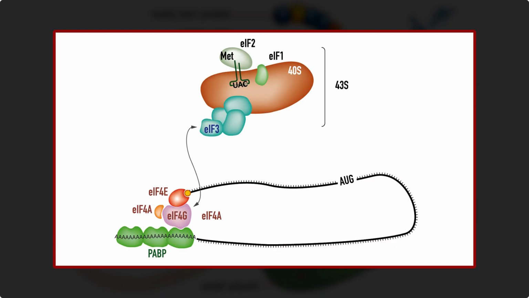The pre-initiation complex binds to the 5' end of the eukaryotic mRNA, a step that requires initiation factor 4F, also called the cap binding complex, and initiation factor 3. The 4F complex consists of eIF4A, eIF4E, and eIF4G. eIF4E binds to the 5' cap on the mRNA, while eIF4G interacts with the poly A binding protein on the poly A tail.